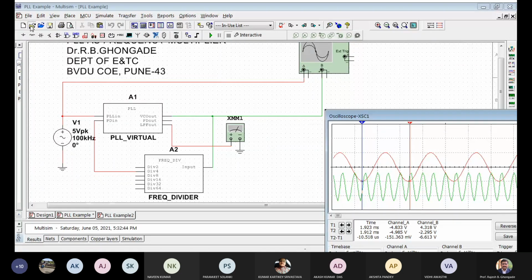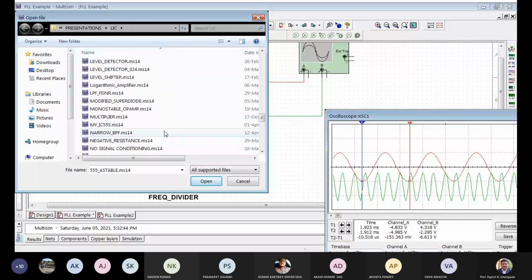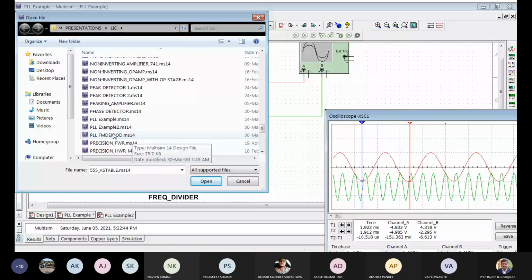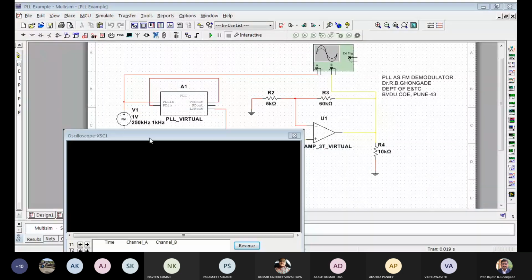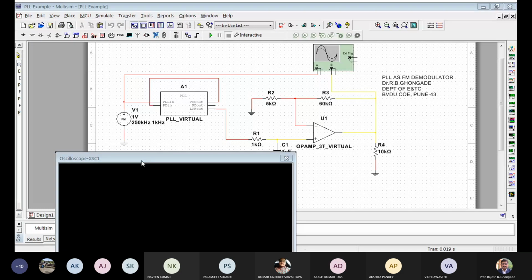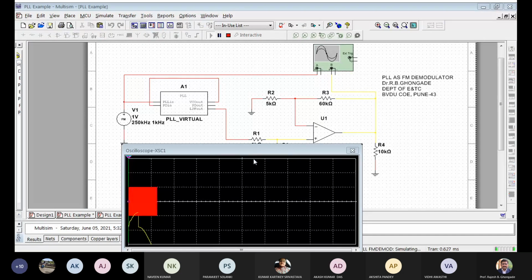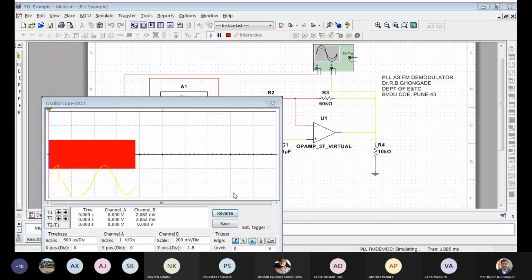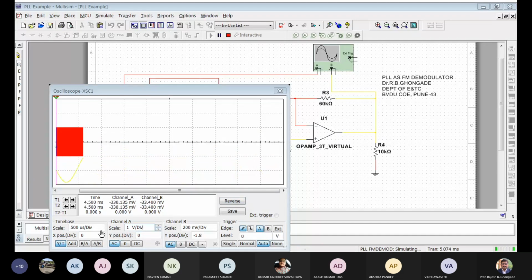Another application is the FM demodulator. Let me see if I have, yes. I'm using an FM source, which is a source in Multisim, and I'm trying to demodulate that. You can see that after filtering, this was your FM signal.